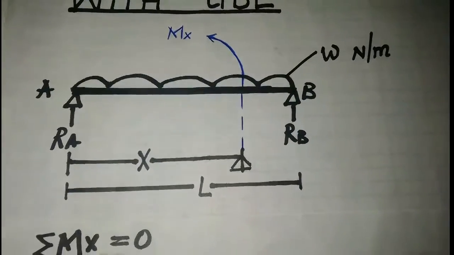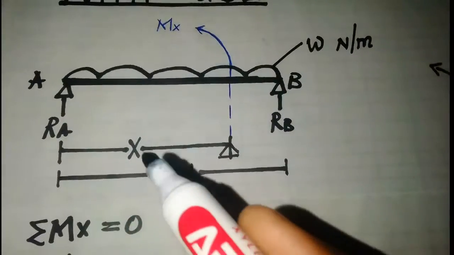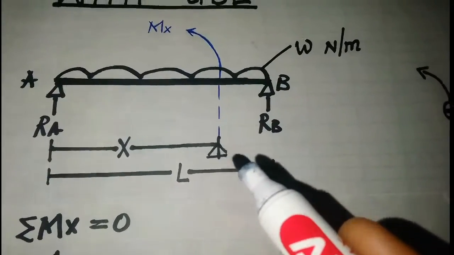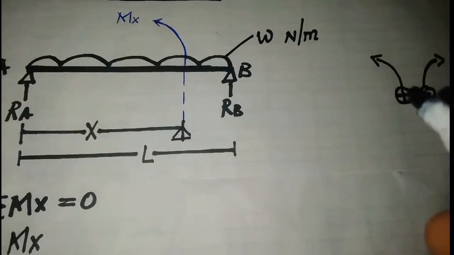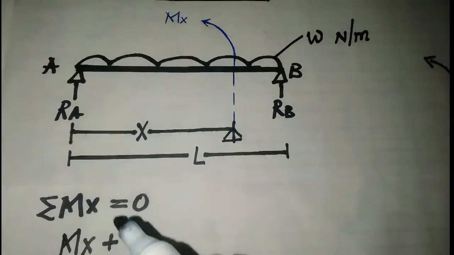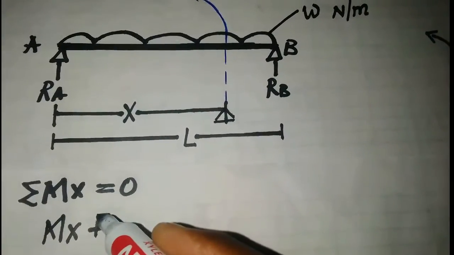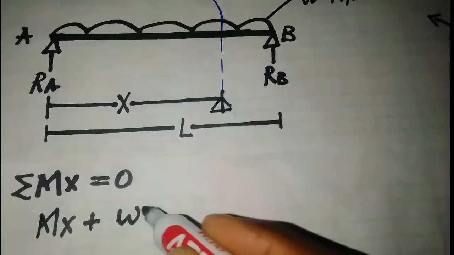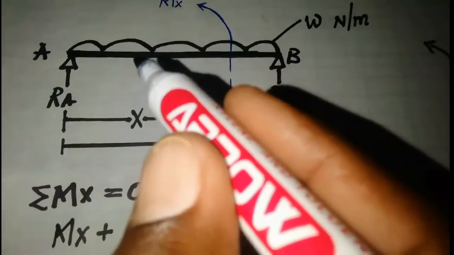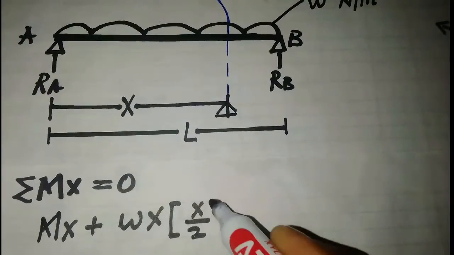And what else do we have here? We've got a load here. It will be going in this direction, so it will be anti-clockwise, taking this as a pivot. So it will take a positive sign, and this weight is acting over x meters, so it will be wx. But we know that the center of gravity will be at x over 2, so it is wx times x over 2.